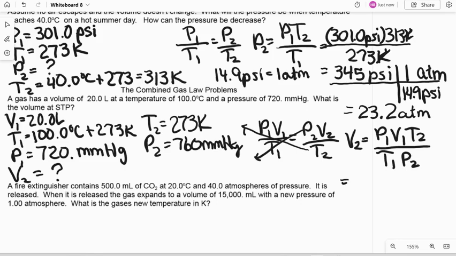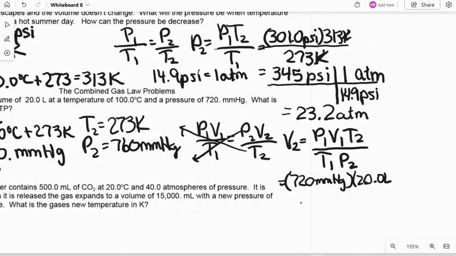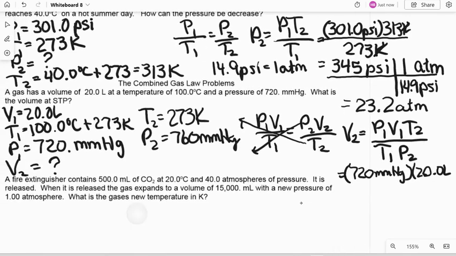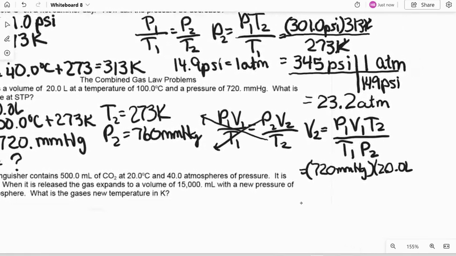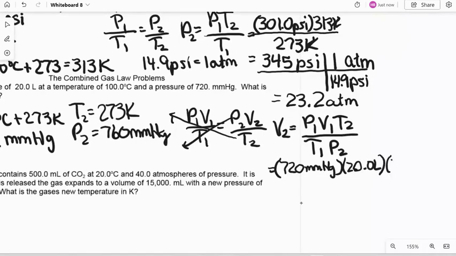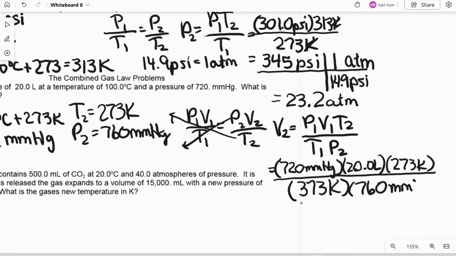Let's plug some numbers in with units. 720 millimeters of mercury, 20 liters, T2 is 273 K. And then on the bottom, we have T1, which was 100 degrees Celsius, or 373 K. And P2, which is 760 millimeters of mercury.